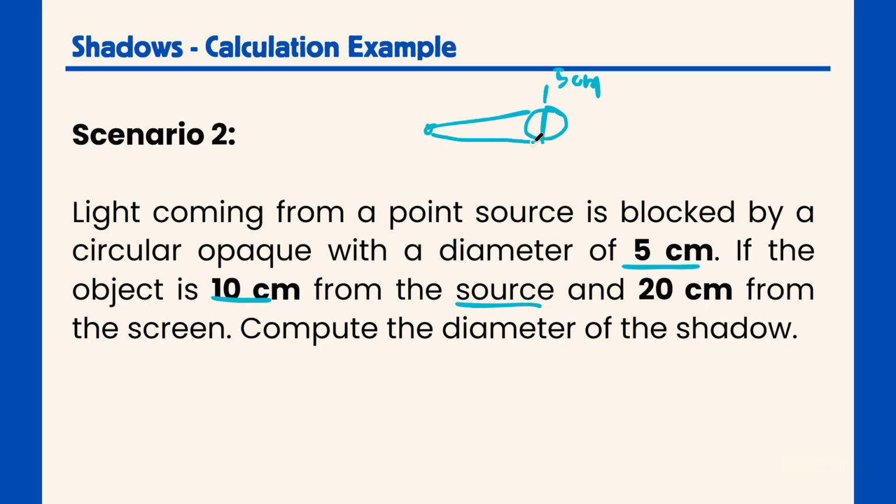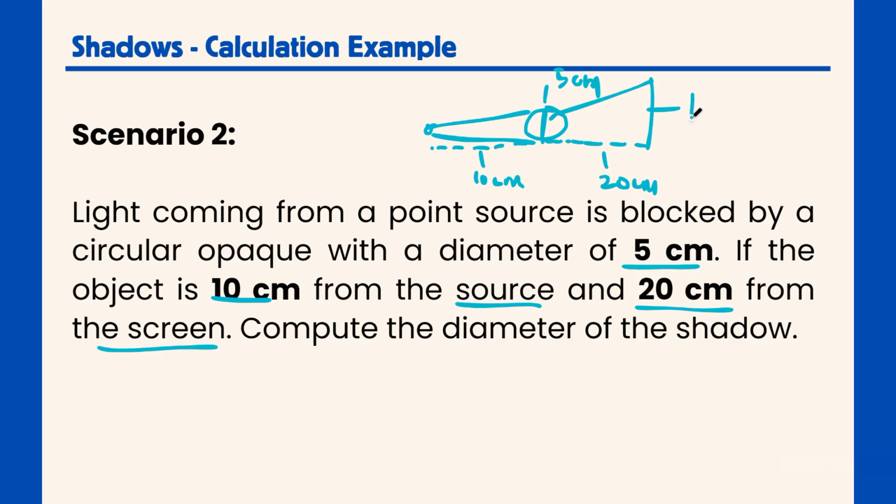So that is actually ang ato altitude. So that is 10 centimeters and 20 centimeters from the screen. The same object is 20 centimeters. So compute the diameter of our shadow.